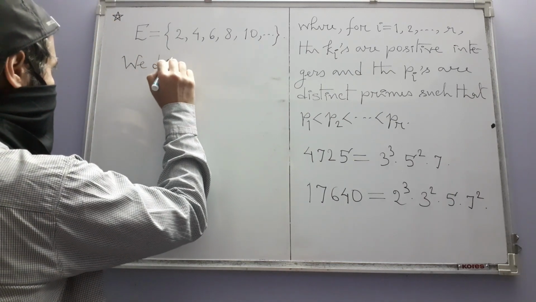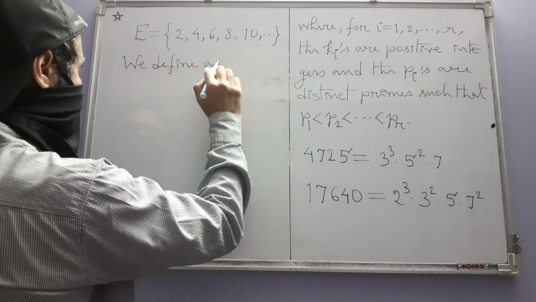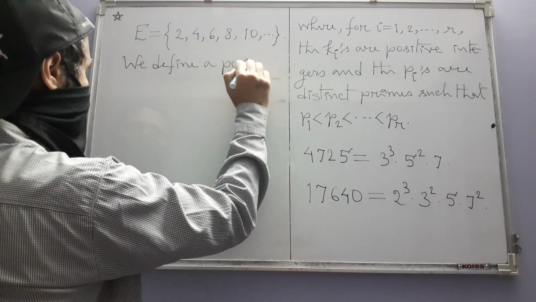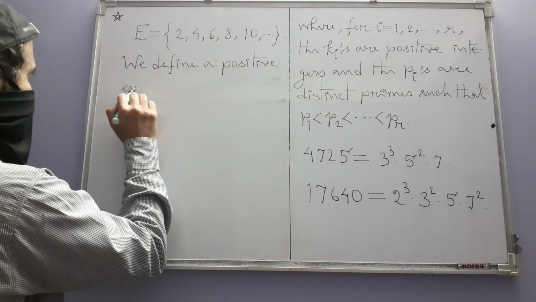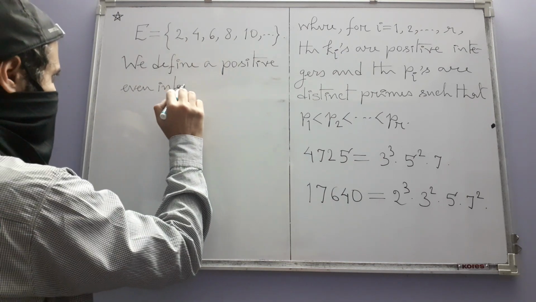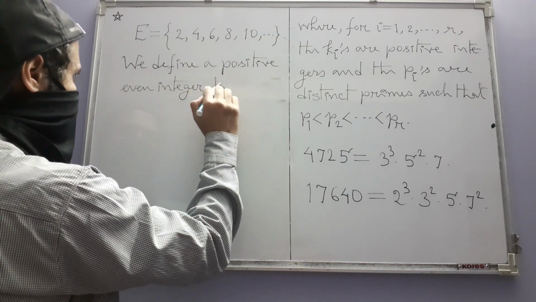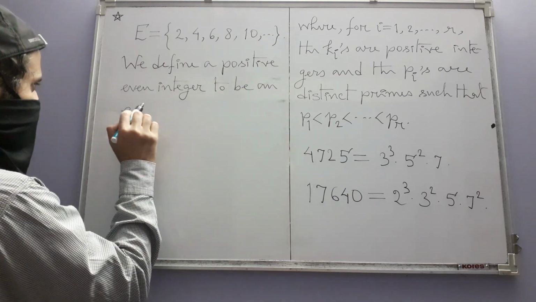We define a positive even integer, that means an element of E, to be an E prime.